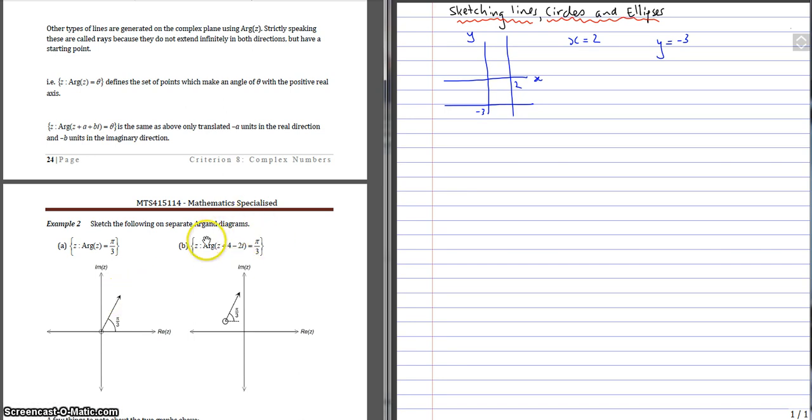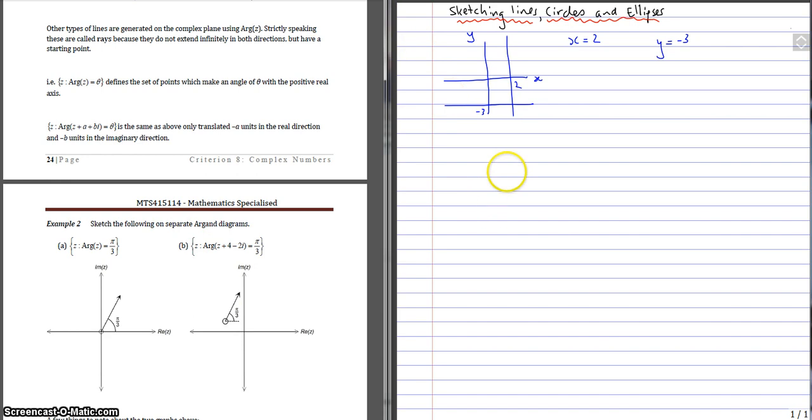This one here, arg(z + 4 - 2i) equals π/3. The angle is the same. The only difference is that the starting point is translated 4 units to the left and 2 units up.